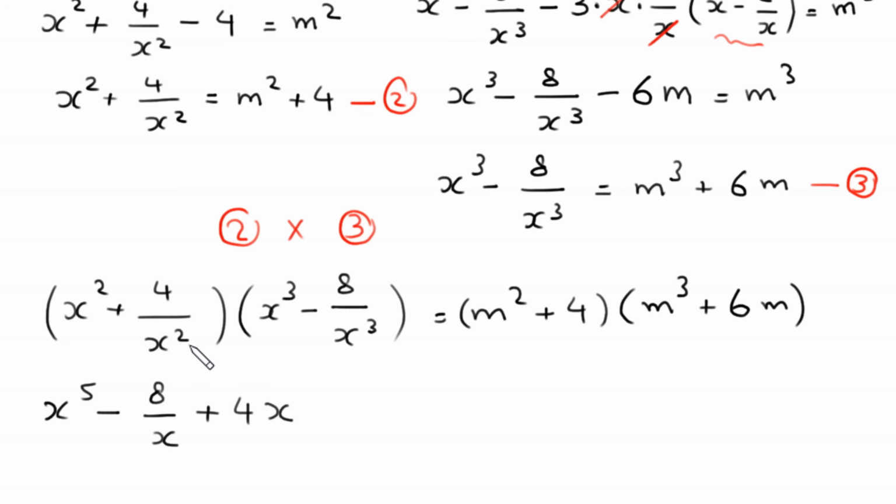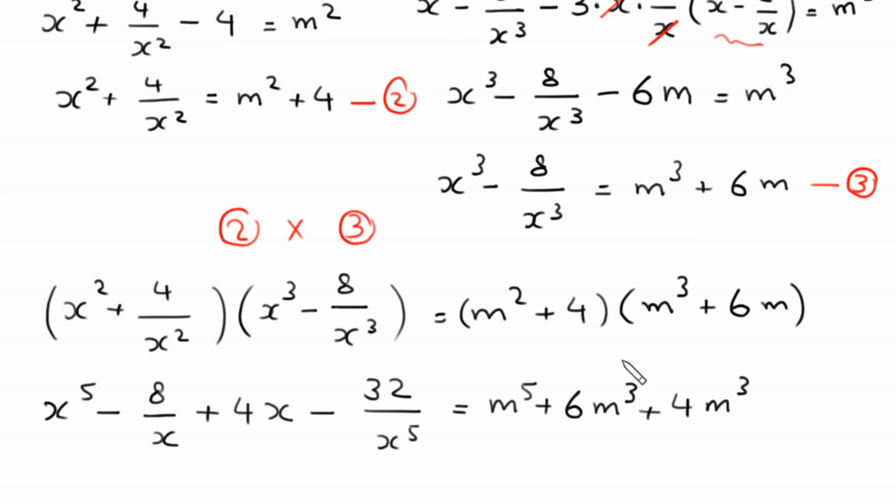This 4 over x squared times negative 8 over x cubed will become negative 32 over x to the power 5 is equal to this m squared times m cubed will become m to the power 5, and m squared times 6m will become plus 6m cubed, and 4 times m cubed, plus 4m cubed, 4 times 6m, plus 24m.